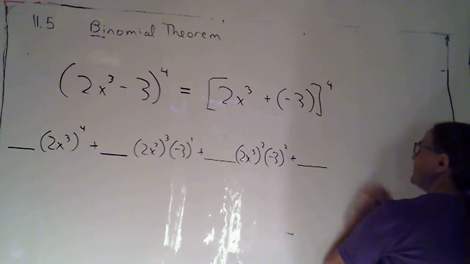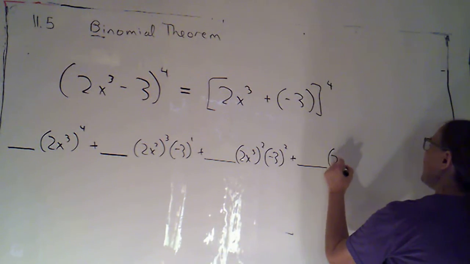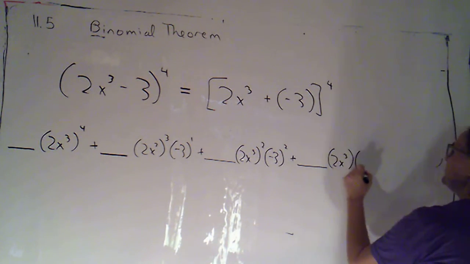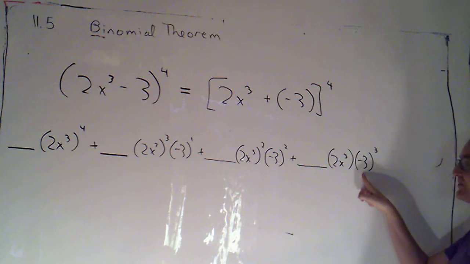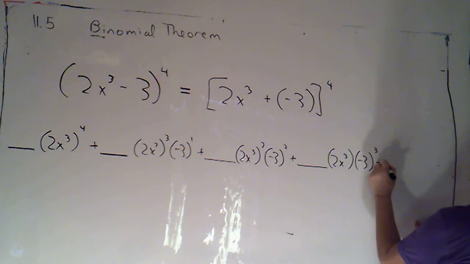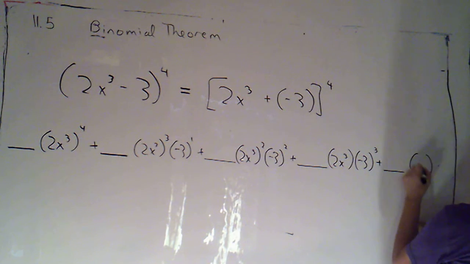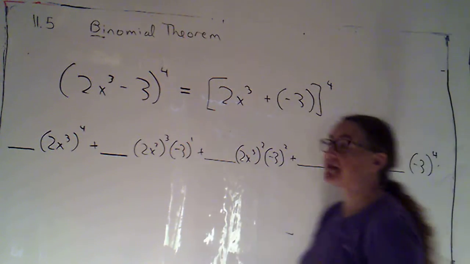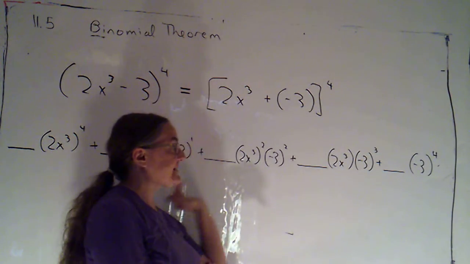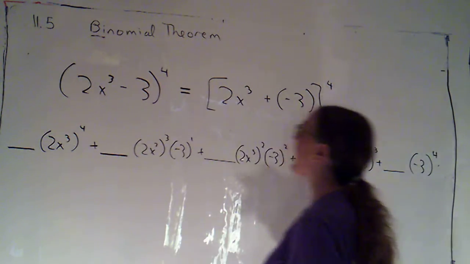Plus some terms where I've got just 1 factor of 2x cubed, so that would mean I'd have to have 3 factors of -3, and then plus some terms where all 4 of my factors are -3. So that's the types of terms I'm going to have.